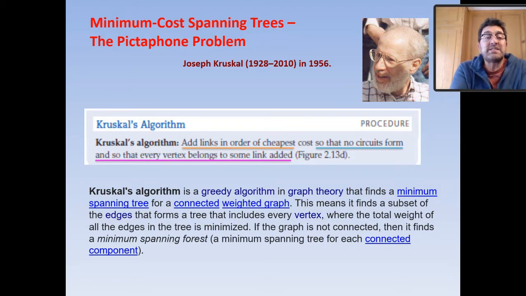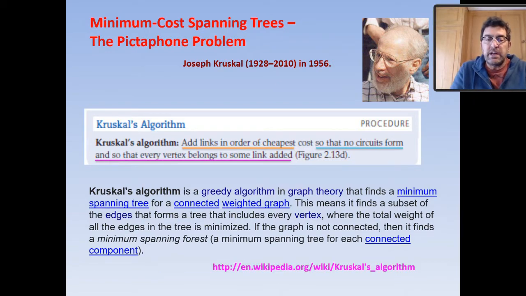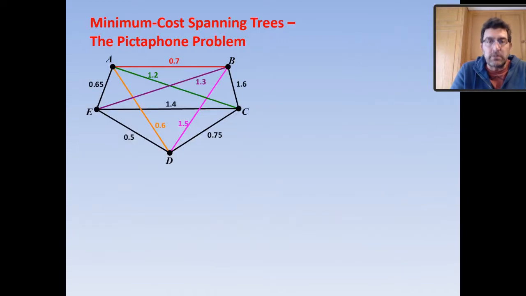This means it finds a subset of edges that forms a tree that includes every vertex, where the total weight of all the edges in the tree is indeed a minimum. If the graph is not connected, then it finds a minimum spanning forest. So what is that? It's a minimum spanning tree for each connected component of the graph. Now, you can read more about that on Wikipedia if you search for Kruskal's algorithm.